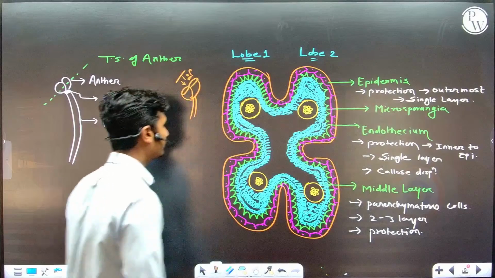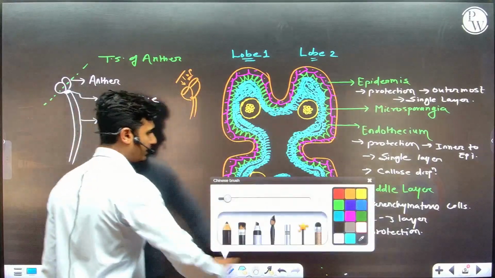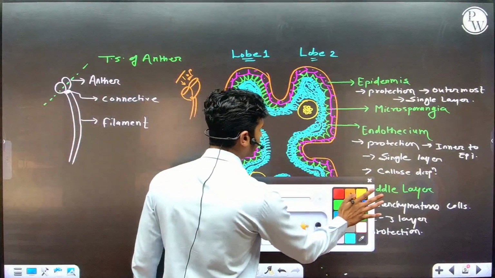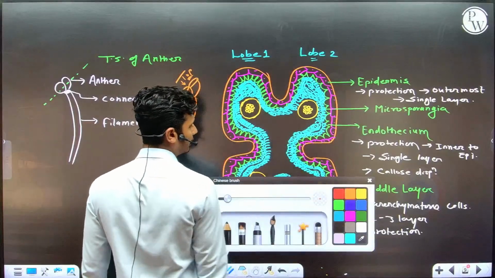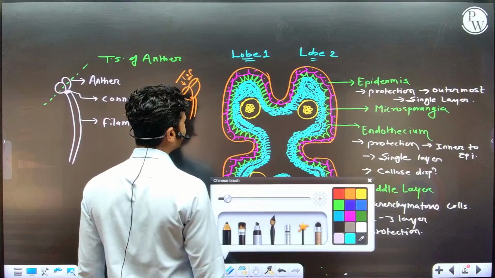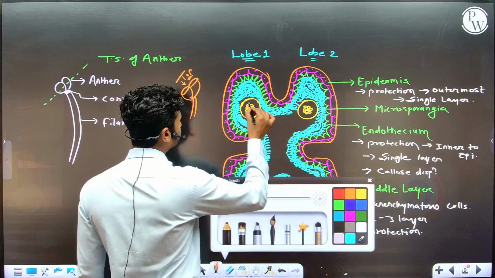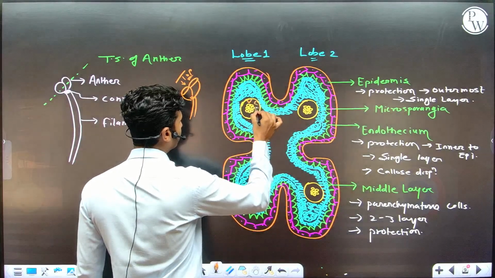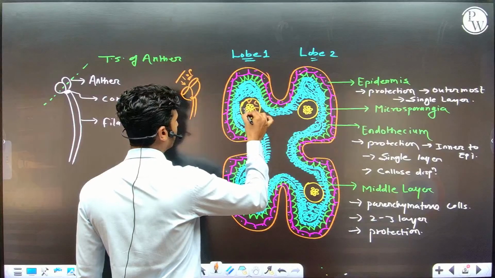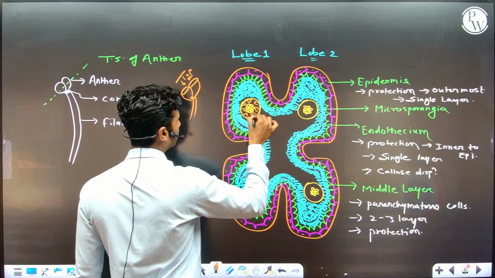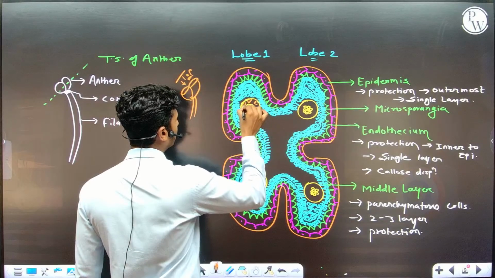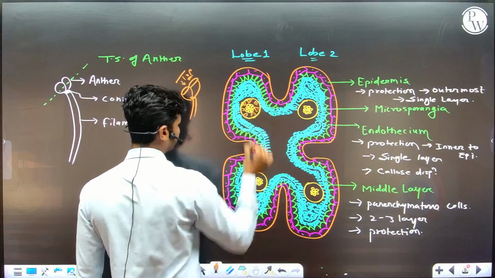Okay. Now, a very crucial layer. That crucial layer is known as tapetum, the innermost layer, pyramid shaped cells, multinucleated.